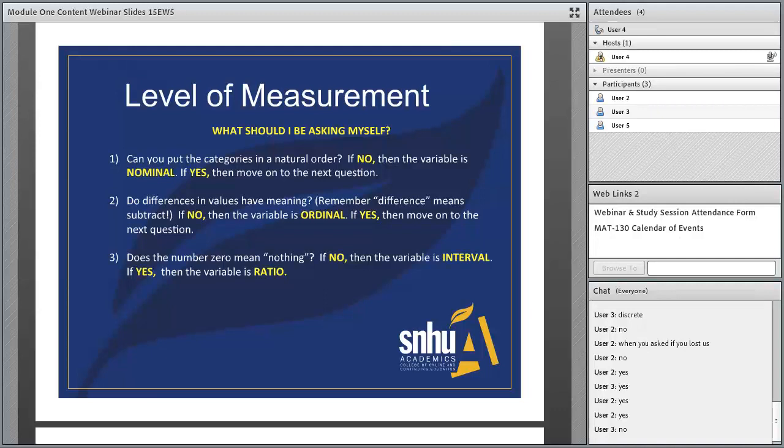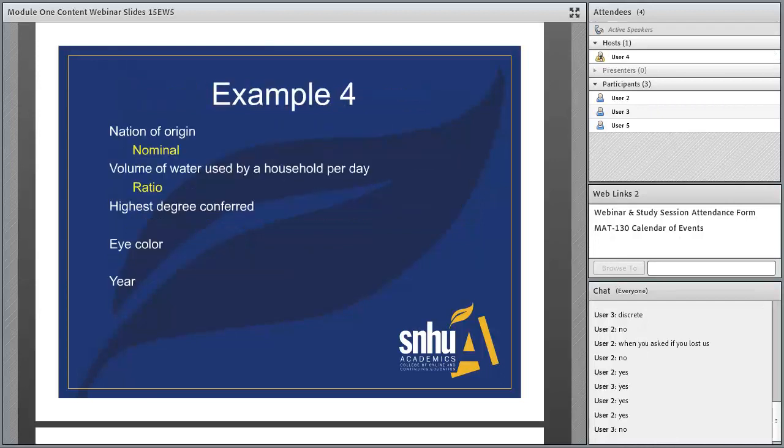Okay, so in this case, 0 does mean nothing, right? Because it's just no water is being used. So therefore, the variable is at the ratio level of measurement, because we answered yes to all of the questions. So that's ratio.